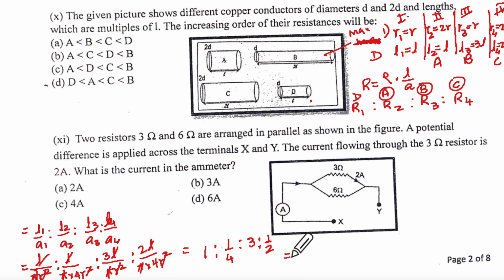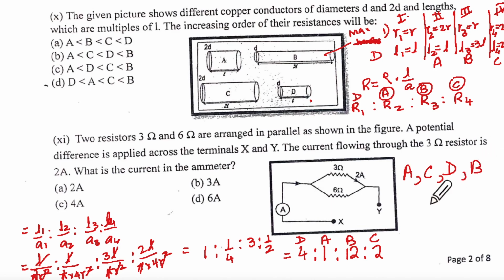Now you'll have to make it into whole numbers. So LCM is 4. Multiply everything by 4. 4 is to 1 is to 12 is to 2. This is D, this is A, this is B, this is C. So increasing order will be A, C, D, then B. B option.